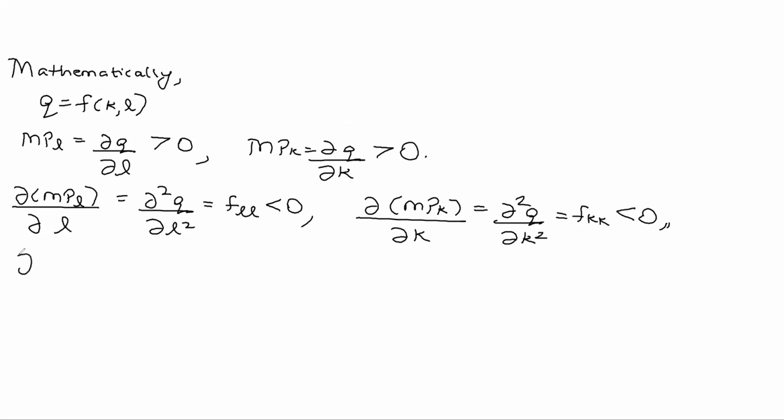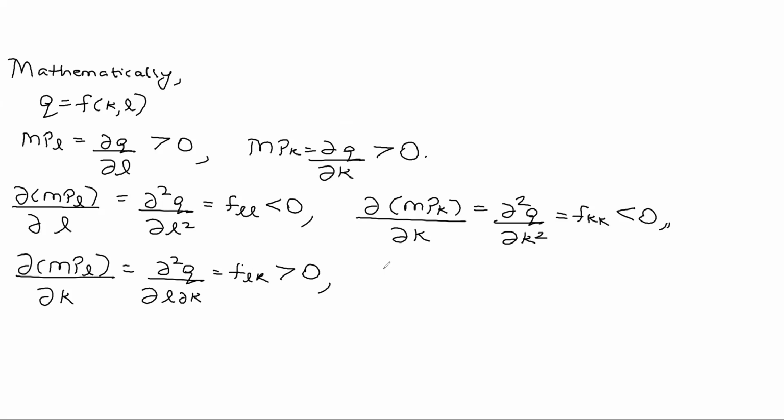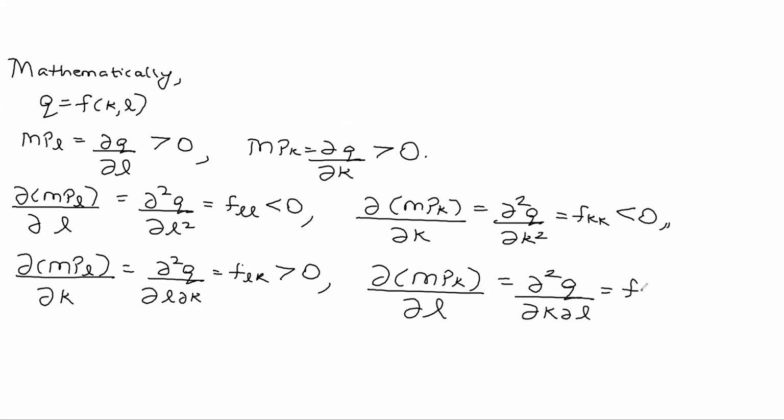If I differentiate the marginal productivity of labor with respect to capital, this is del square Q upon del L del K, which is FLK, which is positive. And if I differentiate the marginal productivity of capital with respect to labor, it is del square Q upon del K del L, which is FKL, which is again positive.